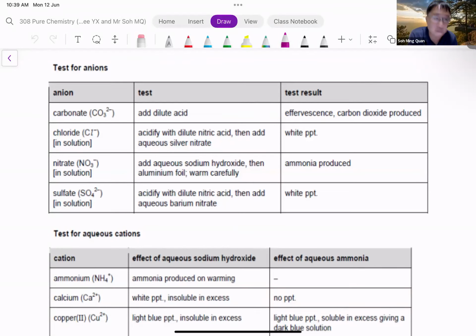Imagine having to flip to the back of the paper just to look for this. You wouldn't be able to finish the paper. So please learn the tests for the ions and gases well, so that you don't have to refer to these notes given to you in the practical paper. In the theory paper, this is not given, which means you still need to memorize the tests yourself. So please memorize the tests yourself.